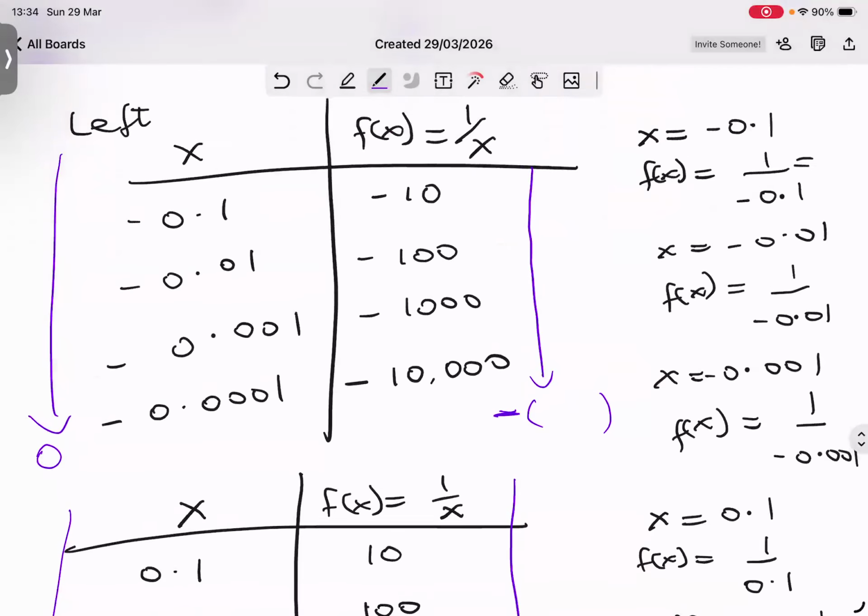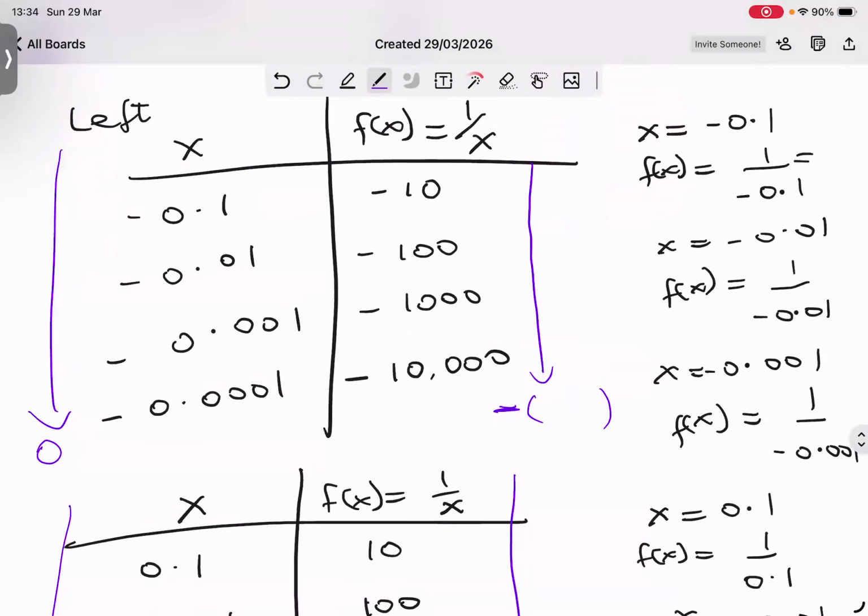If we compare the two, as x is approaching 0 from the left-hand side, f of x is getting larger and larger in such a way that it is without bounds, right? As x is getting closer and closer to 0, f of x is without bounds. It's getting bigger and bigger, but it's bigger and bigger negative.